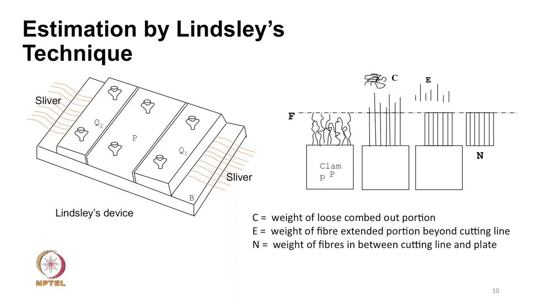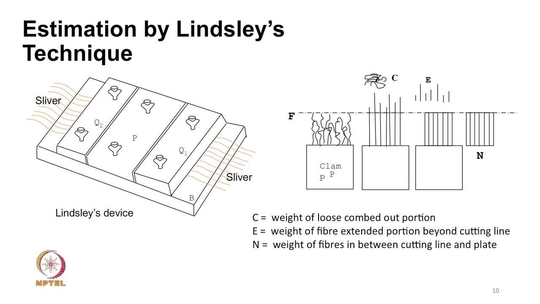While placing them we have to make sure which side is the leading side of the sliver and which side is the trailing side. That means, if this is the direction of delivery from the machine, then we must mark this side, so that it indicates the direction in which the slivers were delivered.